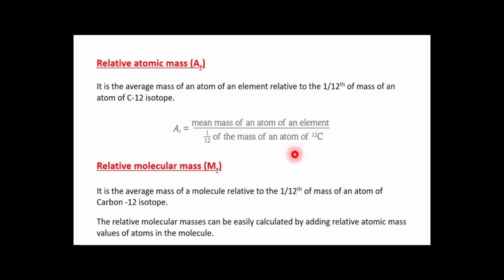Is it clear? Relative atomic masses of individual atoms are added and then you can calculate the relative molecular mass. Did you understand that, Vinaya? Yes. What about Yashmi? Did you understand that? Yes, ma'am.